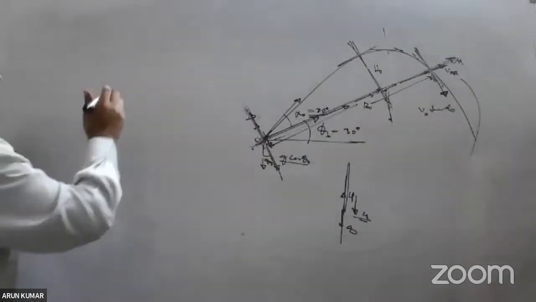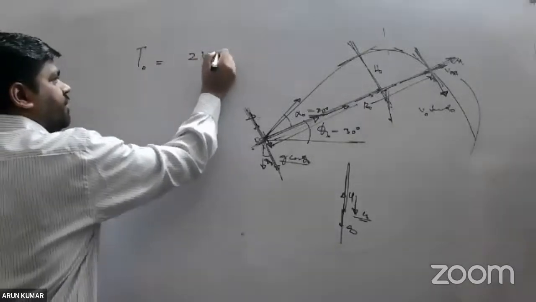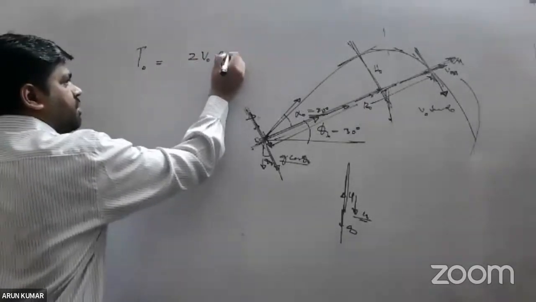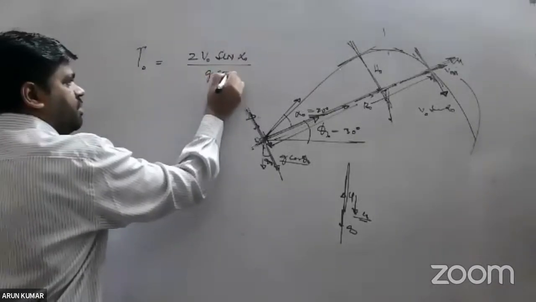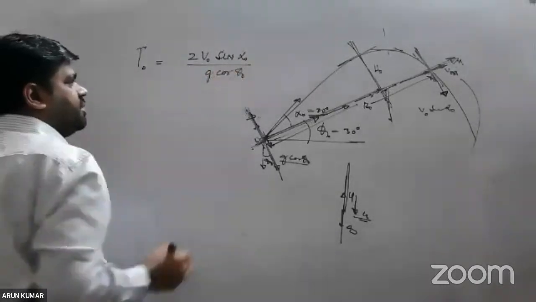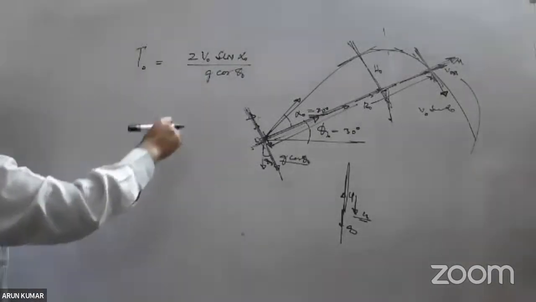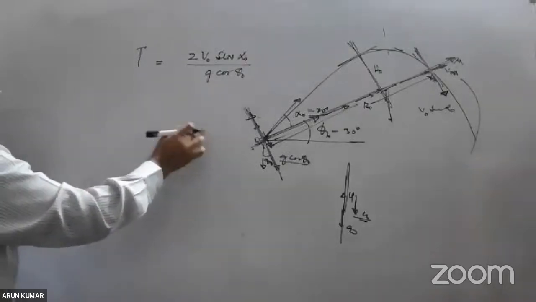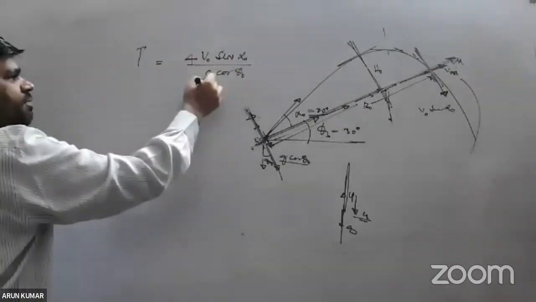Right? So what is time of flight? 2 v0 sin alpha naught by g cos theta naught. But I want the total time after which it will come back to the point of launch. That will be 2 times this one. So that is 4 v0 sin alpha naught by g cos theta naught.